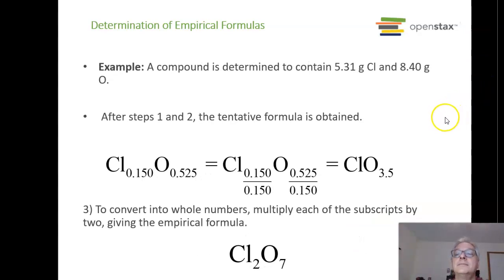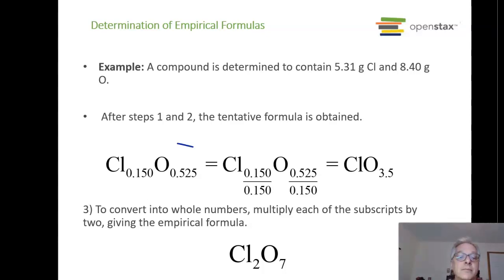Okay, let's practice another one. It says here, a compound is determined to contain 5.31 grams of chlorine and 8.40 grams of oxygen. So you'd go through, once again, go from grams to moles of chlorine, go from grams to moles of oxygen.